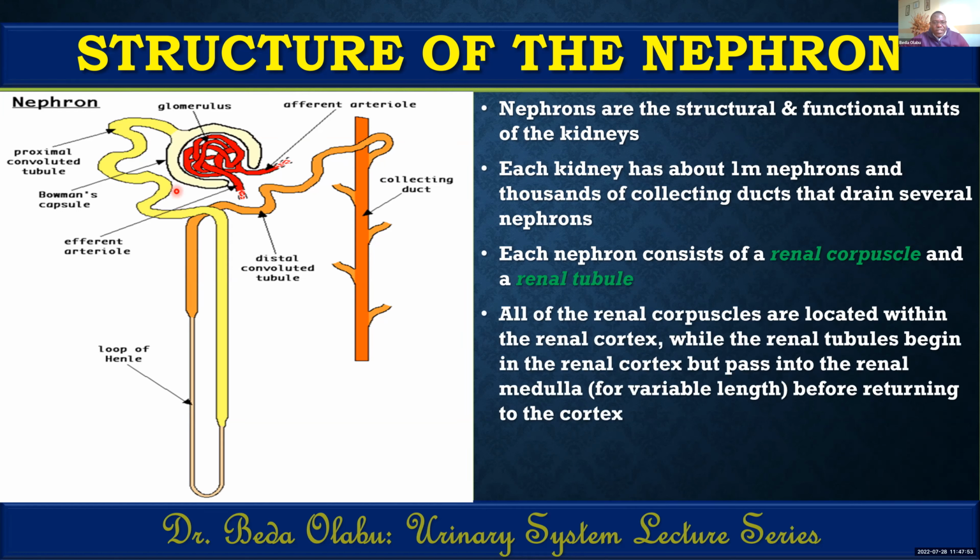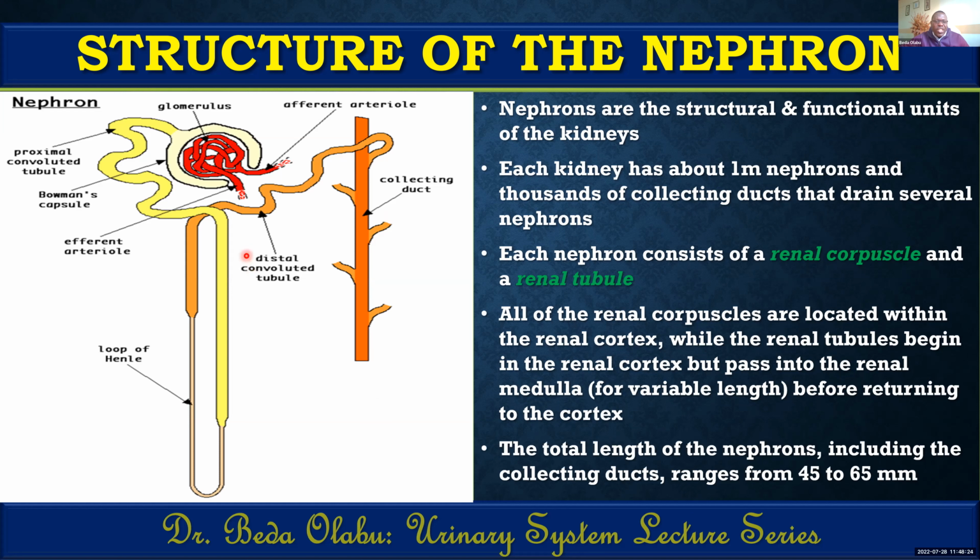All the renal corpuscles are usually located within the renal cortex. However, there are segments of the renal tubules which are found in the cortex, and there are segments which extend into the medulla, variably though, before going back to the cortex. And so that means that the collecting ducts have their portions partly in the cortex before they enter into the medulla.